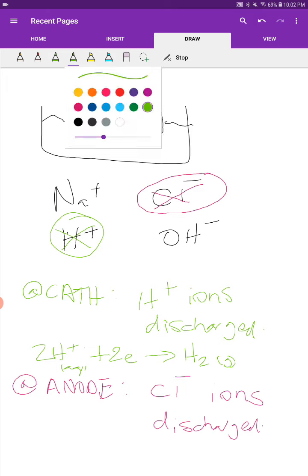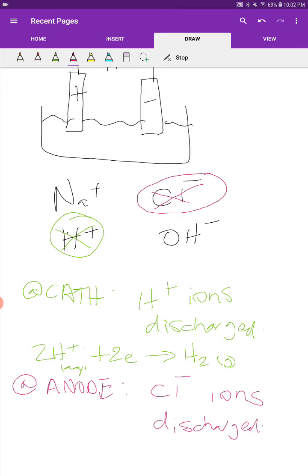And then for your anode, you're going to have 2Cl- losing 2 moles of electrons to give you Cl2 gas.